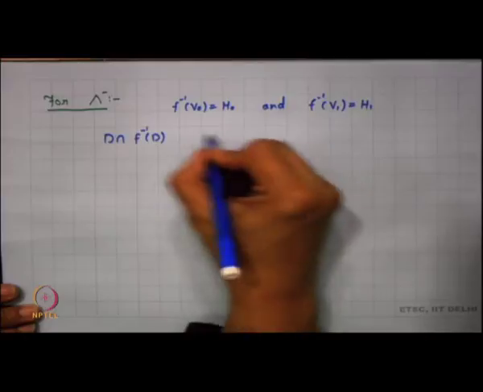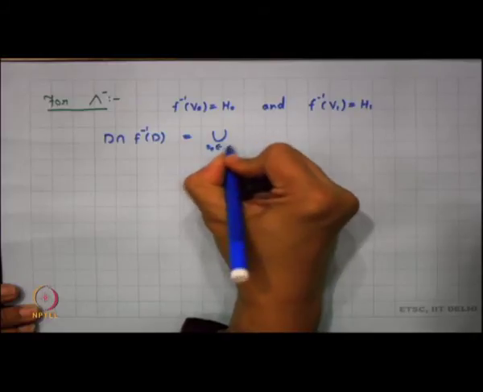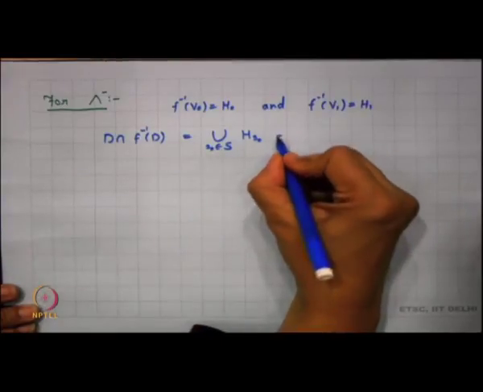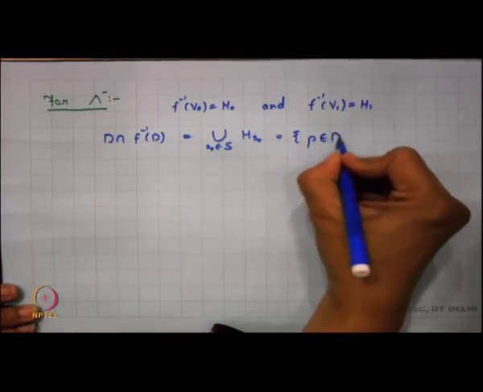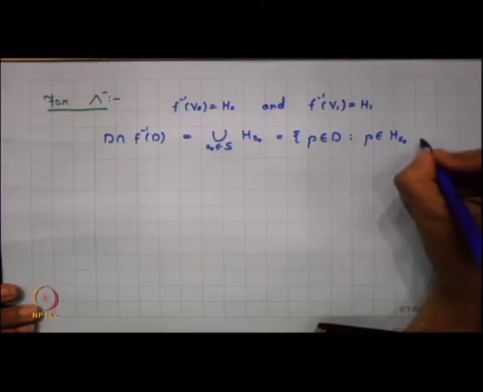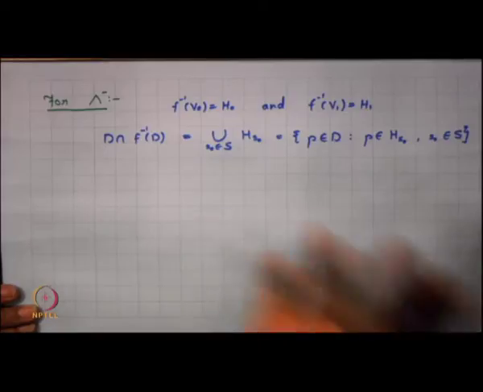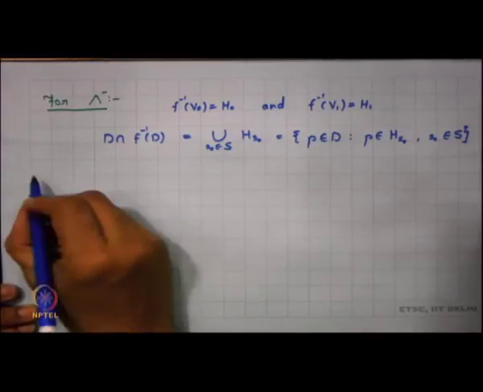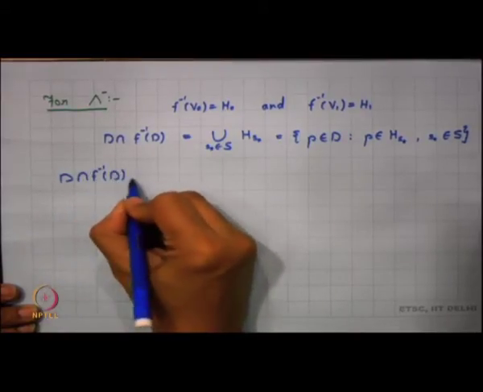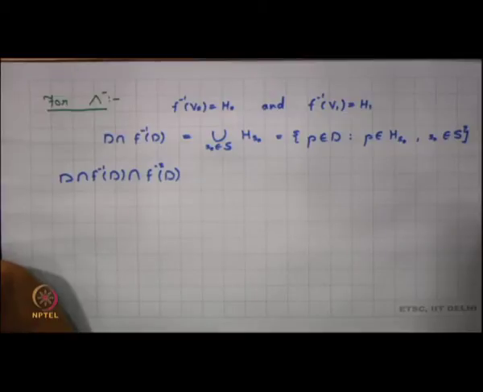And so, we can say that this is the union over S naught belonging to S of H of S naught. And this is the set of all P in D such that P belongs to H of S naught, for S naught belonging to S. Now, again, similarly to the kind of construction that we have seen earlier, what is D intersection F inverse D intersection F minus 2 D?